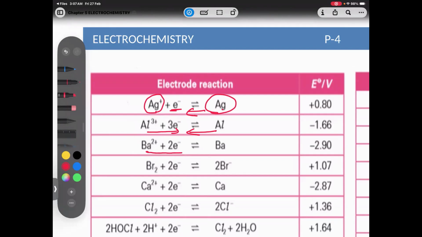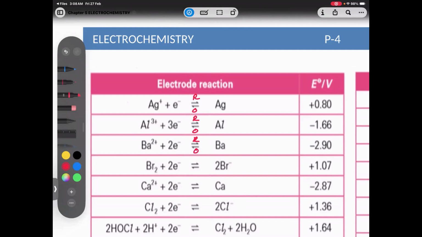Barium is gaining, barium metal is losing. Bromine is gaining, bromide is losing. So in all the forward reactions, there is gain of electron, reduction. The forward is reduction, the backward is oxidation.